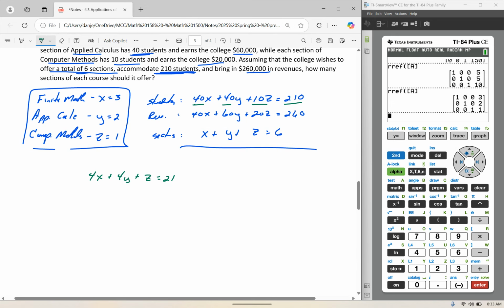If I look at the second equation, 40x, 60y, 20z, 260, not only are each of those numbers divisible by 10, they're all divisible by 20. So the first equation, I divided by 10 or multiplied by 1/10. The second equation, I'm going to divide by 20 or multiply by 1/20. So I have 2x plus 3y plus 1z equals 13. The bottom equation, I could just leave it, x plus y plus z equals 6.